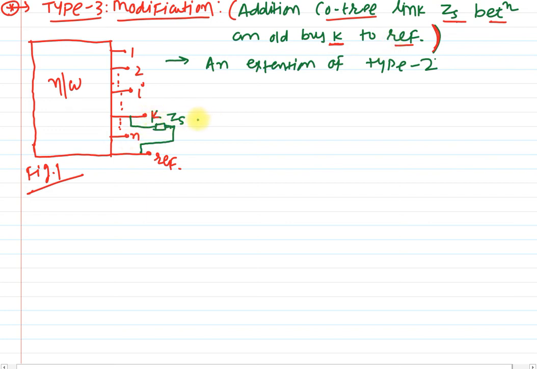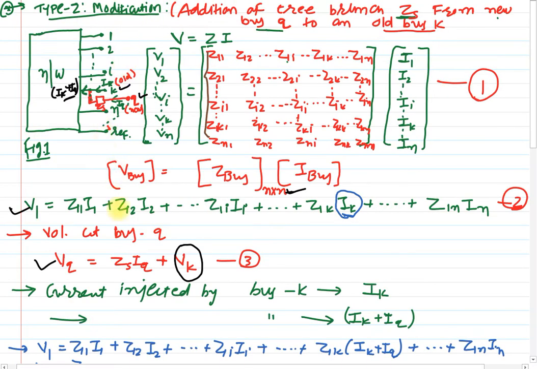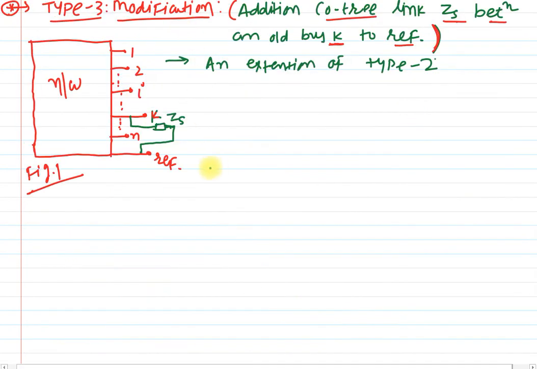Clear? So now what will be the change in type 2 modification? If the bus number Q is connected at the reference bus, then the voltage at bus number Q will become 0. It means VQ is equal to 0.